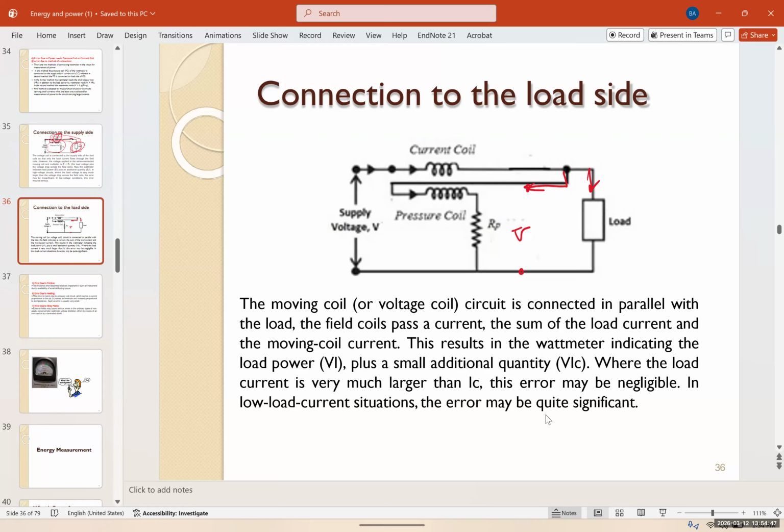This results in the wattmeter indicating the load power plus a small additional quantity, again, which is the voltmeter's power. Where the load current is very much larger than IC, this error may be negligible. In low load current situations, the error may be quite significant. Again, if you have a high power situation, negligible. Low powers, it's going to create some problems.